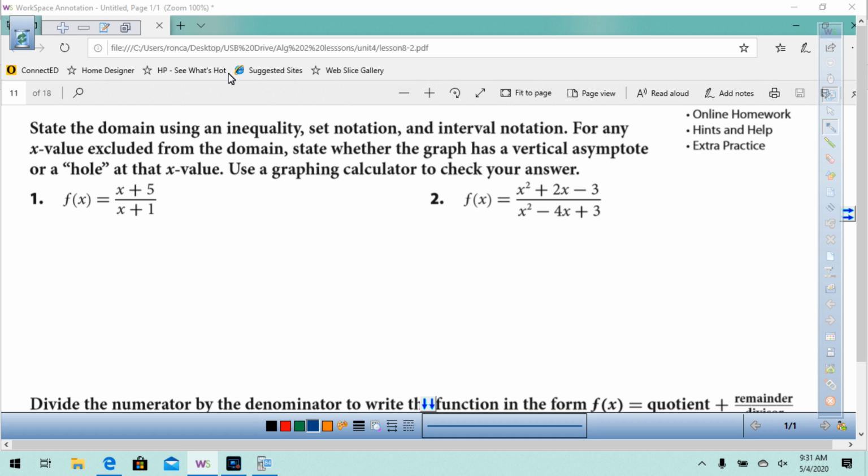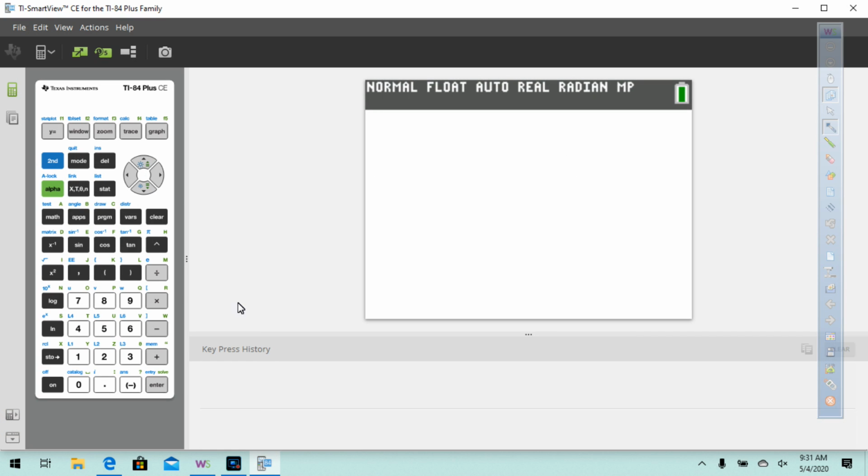So we have f of x equals x plus 5 divided by x plus 1. I'm going to use the TI-84 to graph this one.